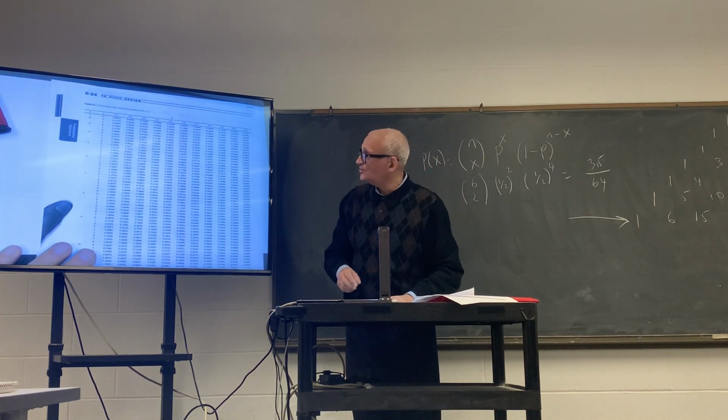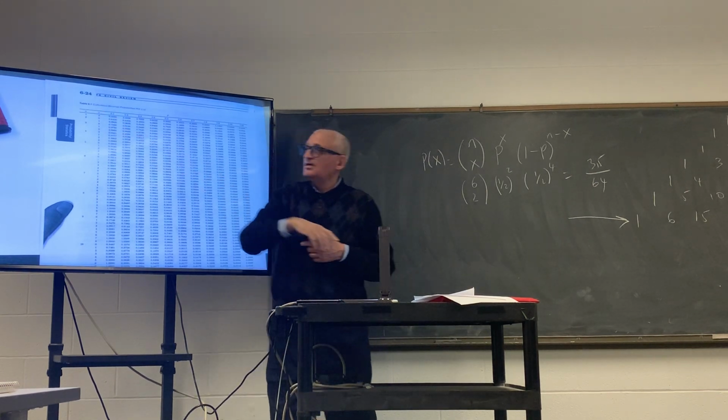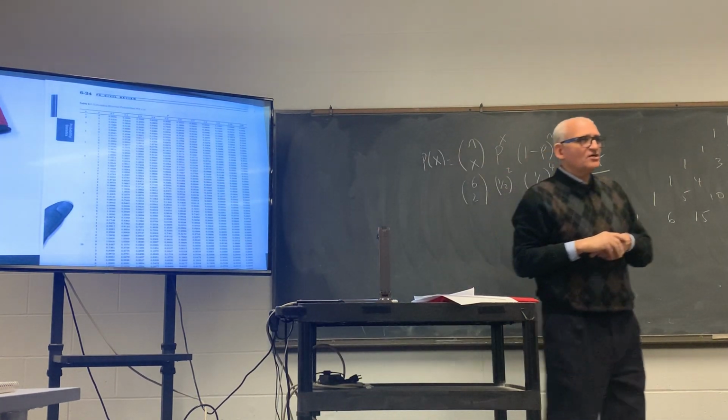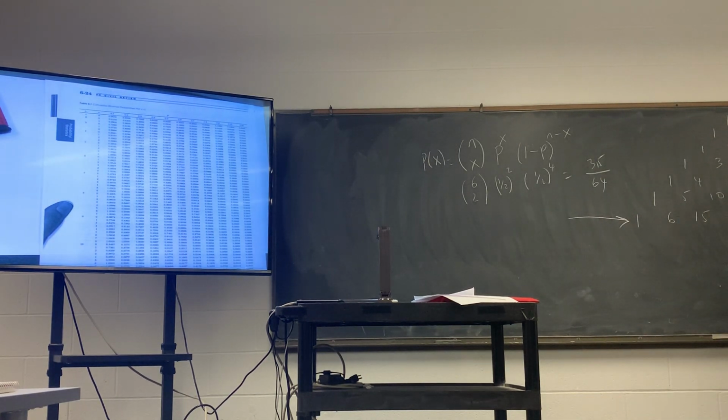You have to be careful with this table, because it gives the cumulative binomial distribution. What's the meaning of cumulative? If I want the cumulative of 3, it will give me the probability of getting 0, or 1, or 2, or 3. And if I say, what is the cumulative of 2? It will give me 0, or 1, or 2.